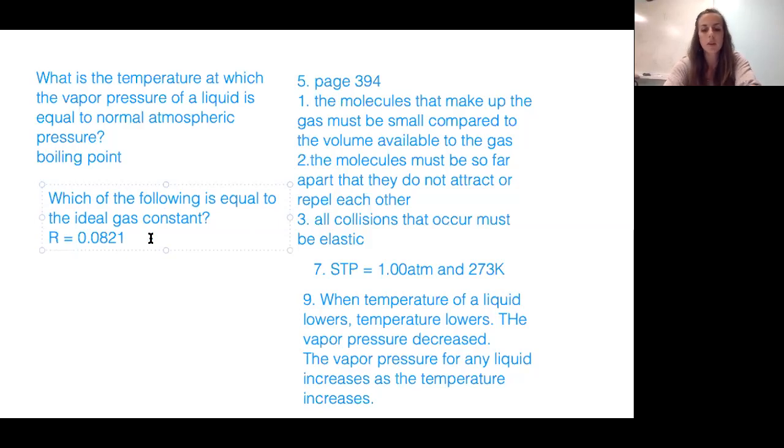So if you remember, our units are liter times atmosphere divided by moles times Kelvin. Space right here so you can see it. All right, this is your unit. So that's the main part that you need to know.